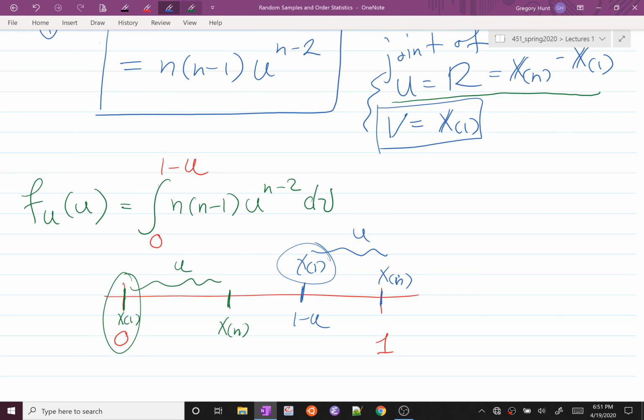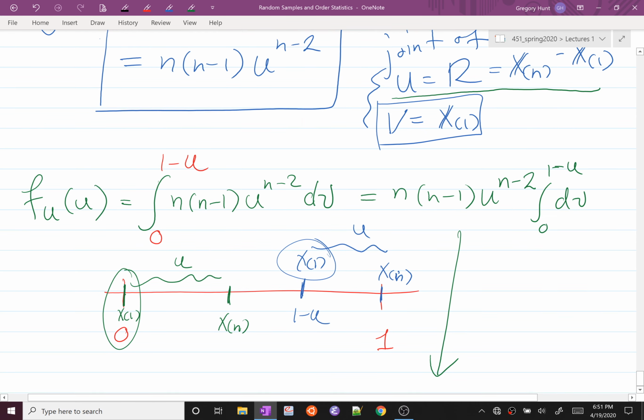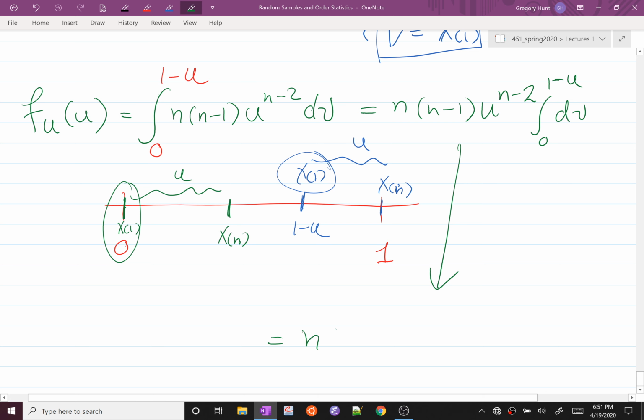So I do this integral. It's a really simple integral because v doesn't show up anywhere. I get n by n minus 1, u to the n minus 2. That all pulls out. And I just get the integral dv from 0 to 1 minus u. So pulling this all down, it's n by n minus 1 u to the n minus 2 times 1 minus u.